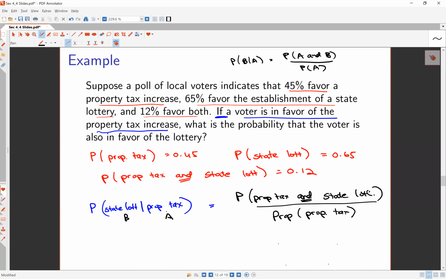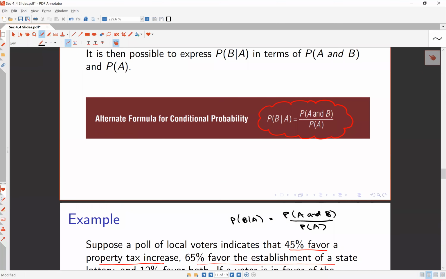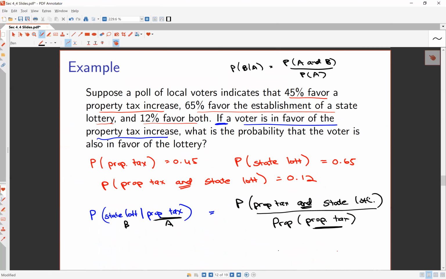And you're always dividing by whatever it was that you're conditioning on, right? We're conditioning on A in this formula, and so we end up dividing by the probability of A.